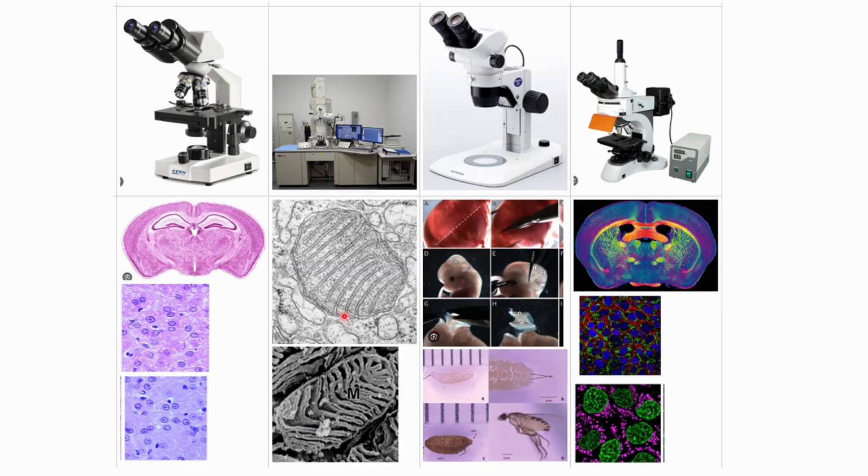And for electron microscopes, this is usually very expensive, and the preparation of the tissue sections for use in your electron microscope is very different from the sections that you are usually handling in the lab for the light microscope.